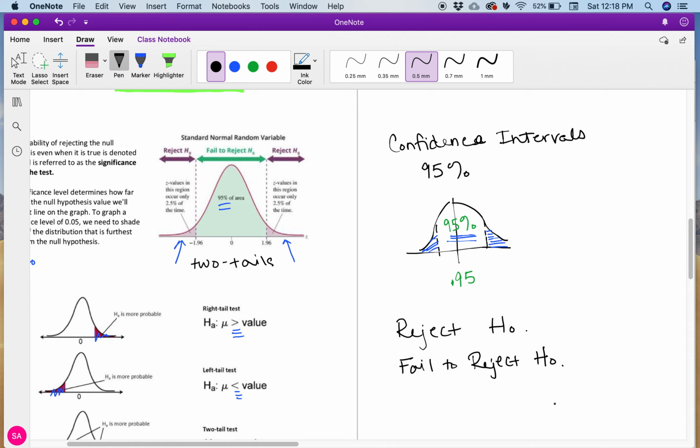It just means we didn't have enough evidence to show that the null hypothesis doesn't work. I'll reiterate that again as we go through more problems, but just remember, these are the main words we'll be using: either reject the null or we fail to reject the null.